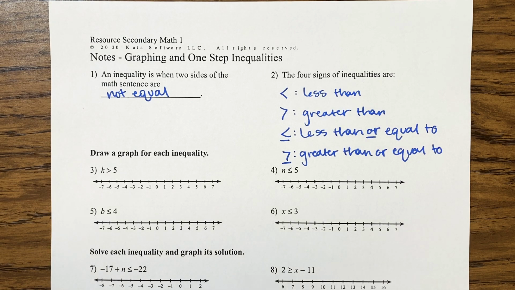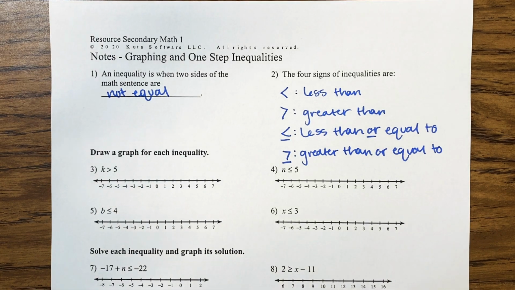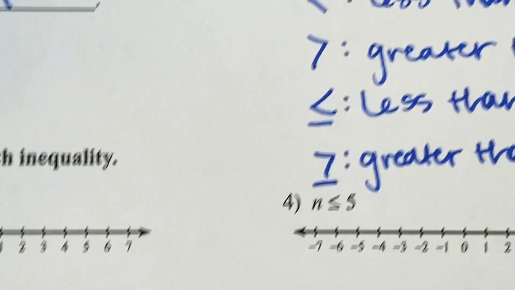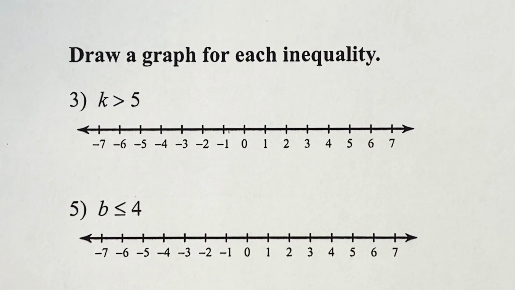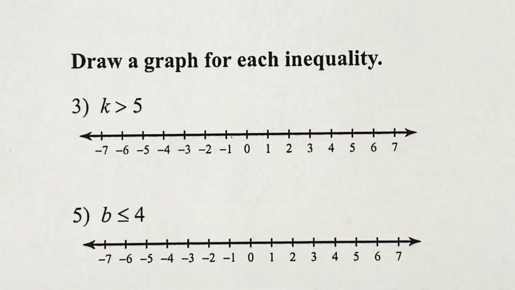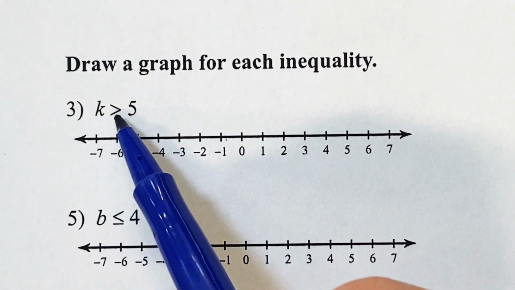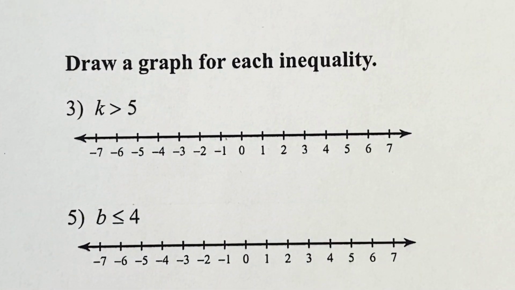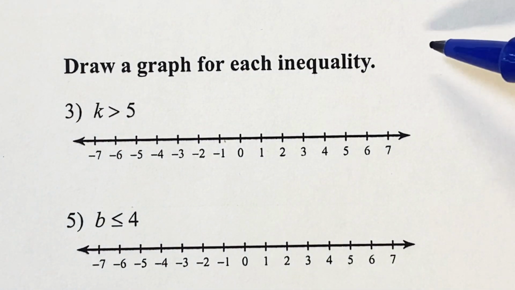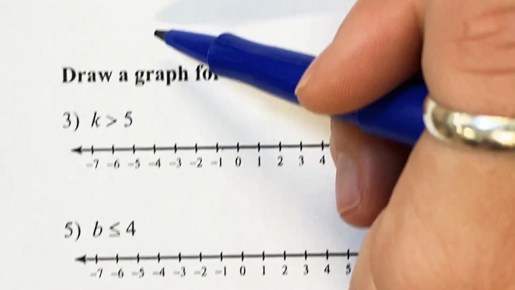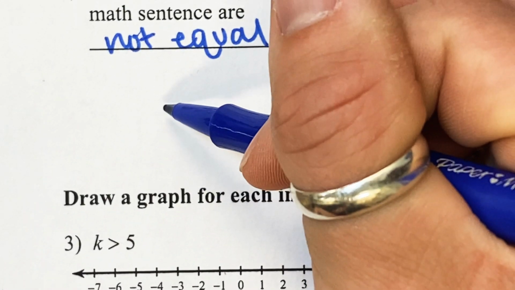Okay, so we just defined inequalities, so now we are going to graph them, okay? So let's zoom in on number 3. Okay, so number 3, it's telling us that k is greater than 5. Before we go any farther, I want us to make this note on our paper, and I'll explain what this note means in a second.